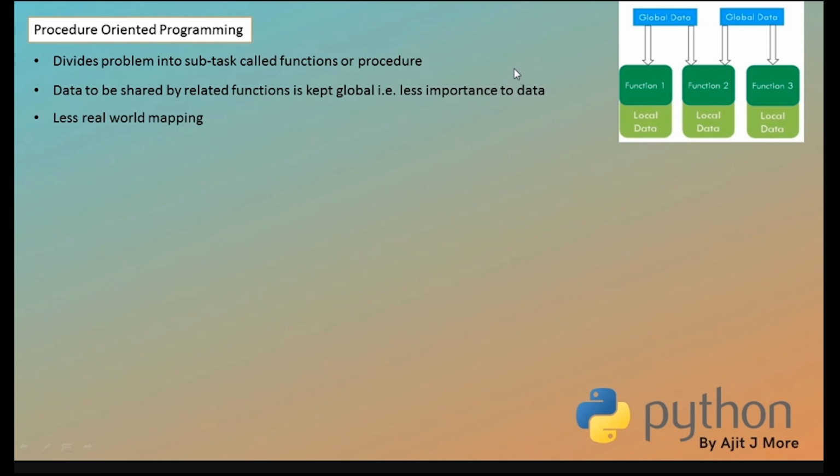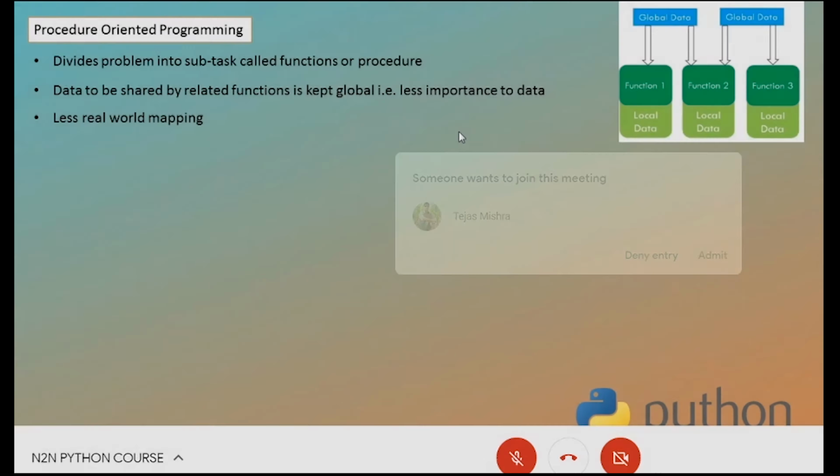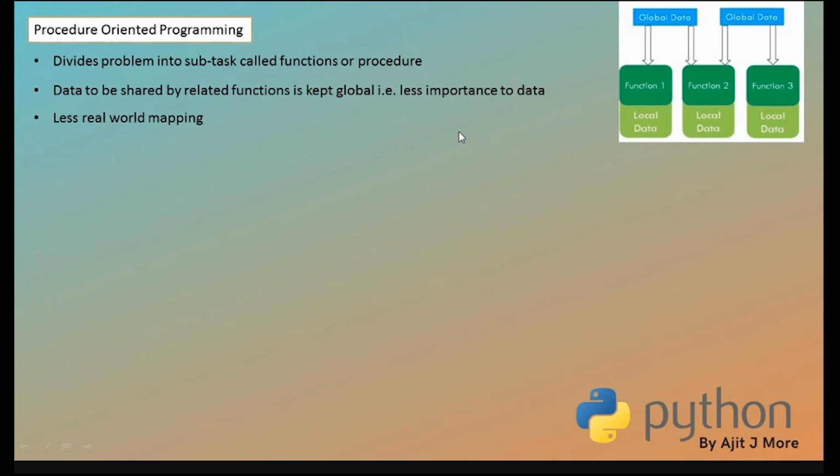That is not possible. And real world mapping, that is, whatever you see in the real world, living things, non-living things, visible things, invisible things, if you want to put all that in a programming world, the mapping is less. You can do it, but not to that extent.